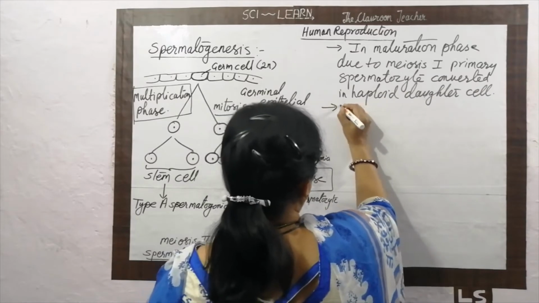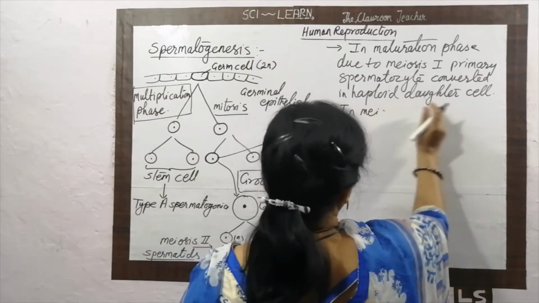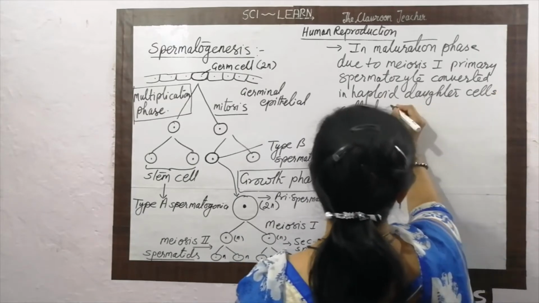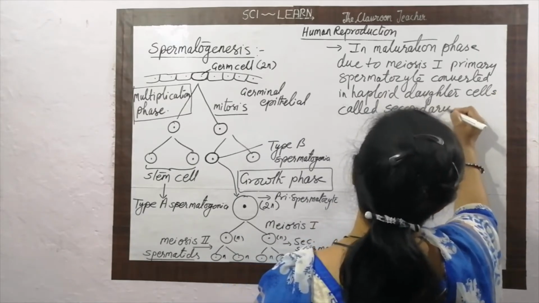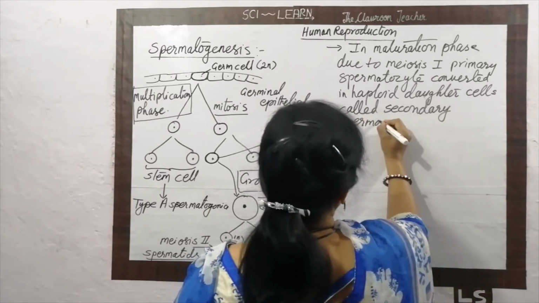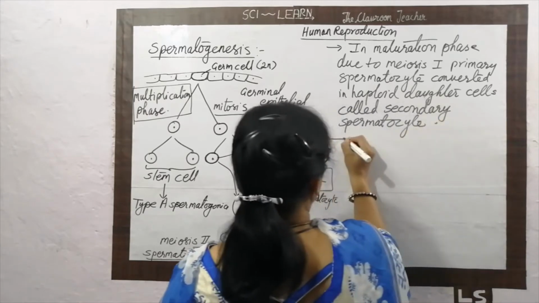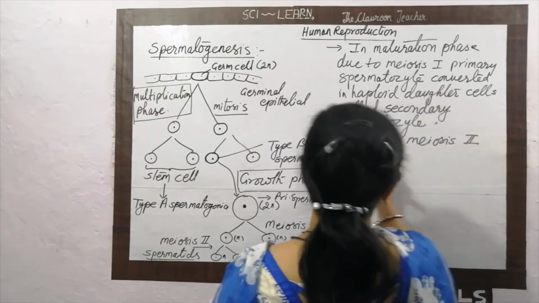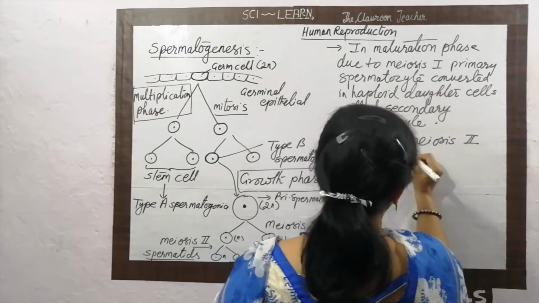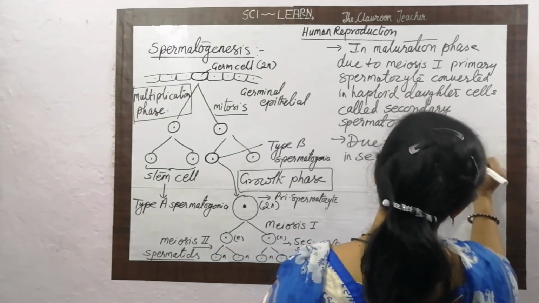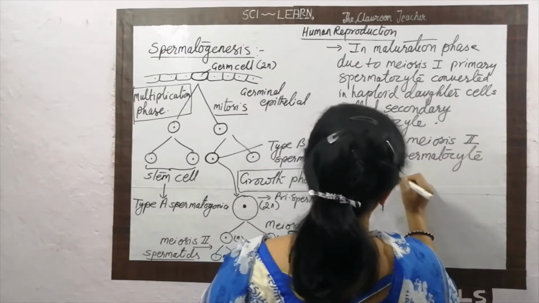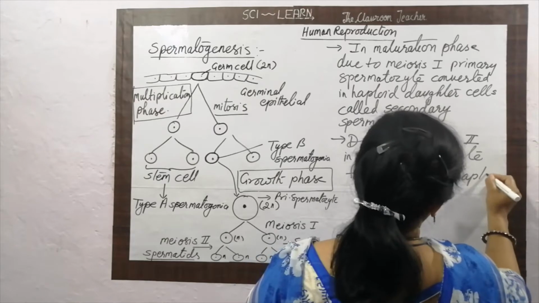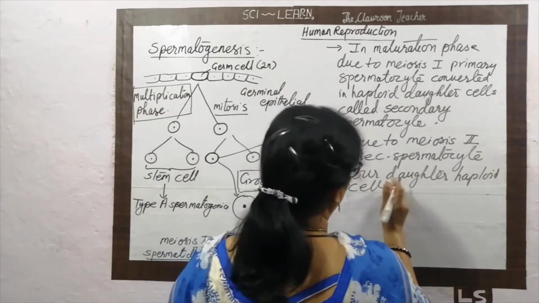These haploid daughter cells are called secondary spermatocytes. Further, due to meiosis 2 in the secondary spermatocyte, four haploid daughter cells are formed.